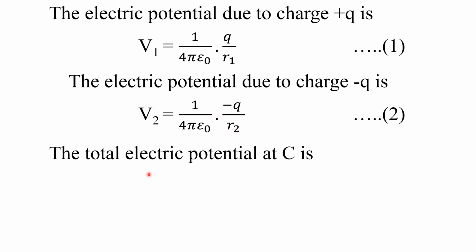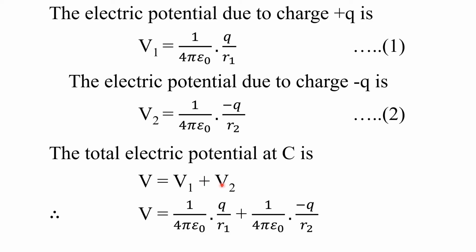The total electric potential at C is the addition of these two. Therefore V is equal to V1 plus V2.